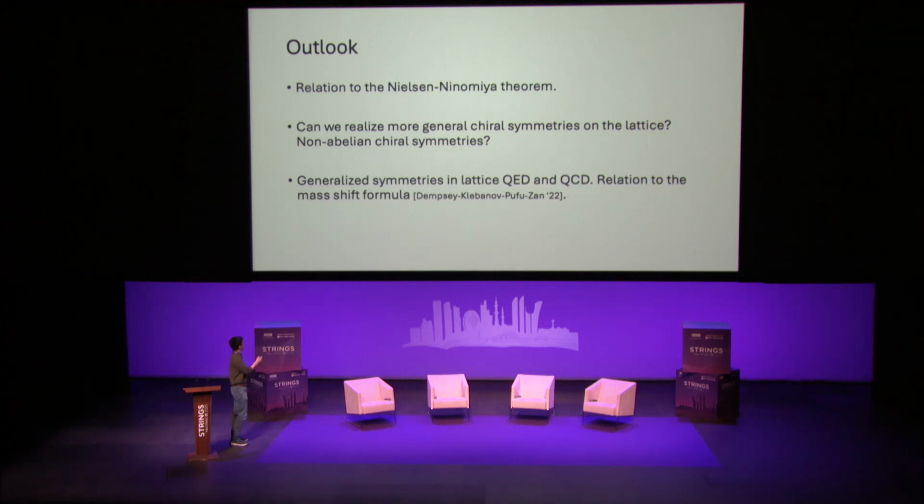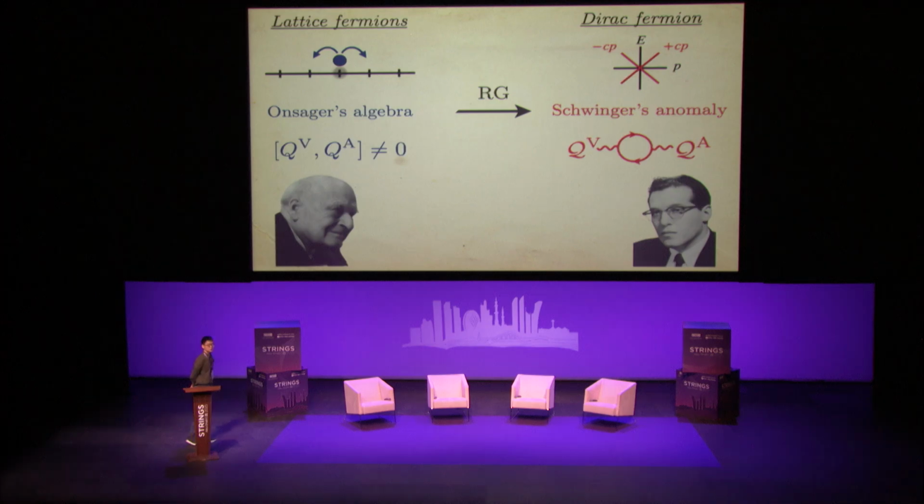In particular, there's a recent paper by this group of people pointing out an interesting relation between the lattice mass and the continuum mass in the Schwinger lattice model. It would be interesting to revisit that mass shift formula using the axial symmetry we discussed in the talk today. And finally, perhaps the most intriguing question is, how much of this generalizes to higher D? Okay, with that, I thank you for your attention.